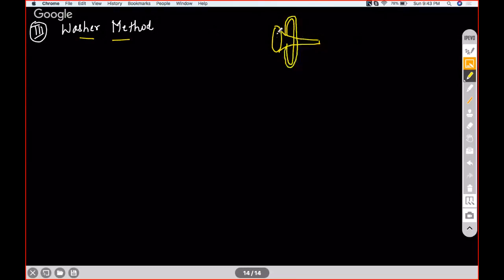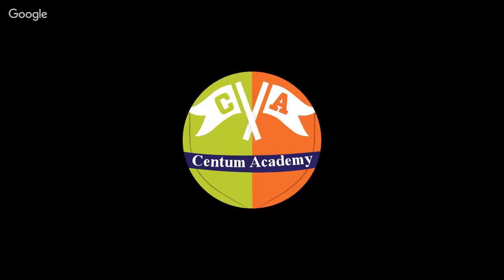That thin disc is actually called the washer. You may have seen in your cycles when you are putting some screw, they would put a washer before that. Okay, now what is this washer method?